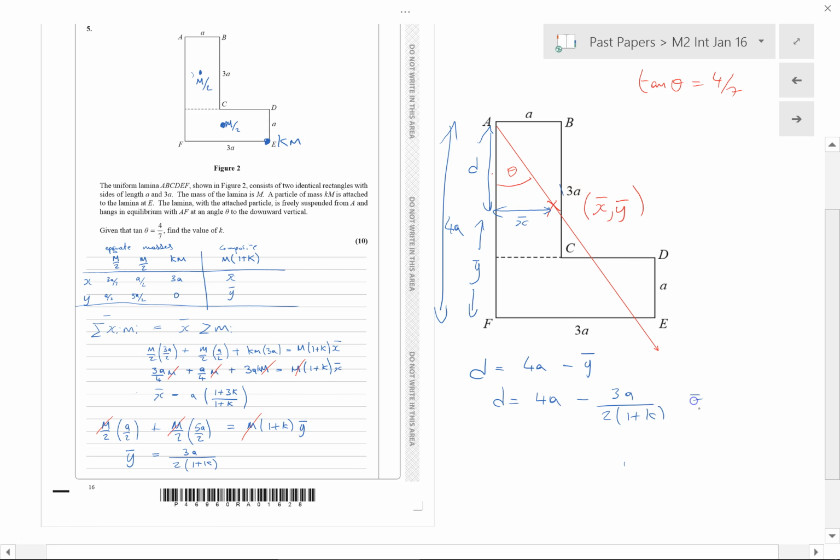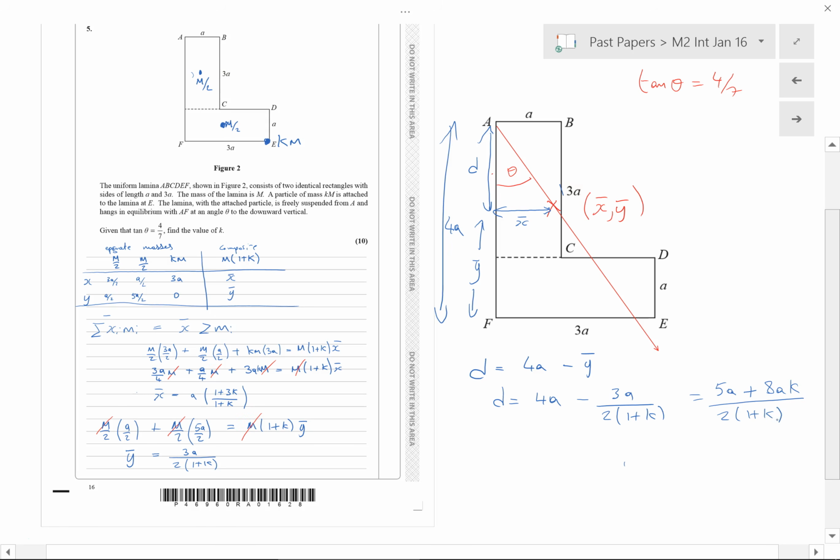If I multiply that out, I get 8a minus 3a, which is 5a, plus 8ak, all over 2, 1 plus k.